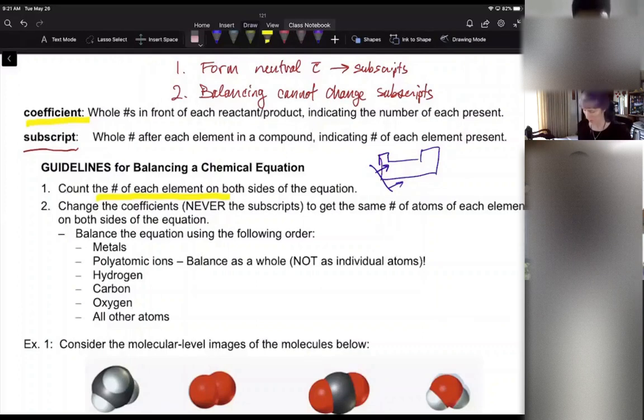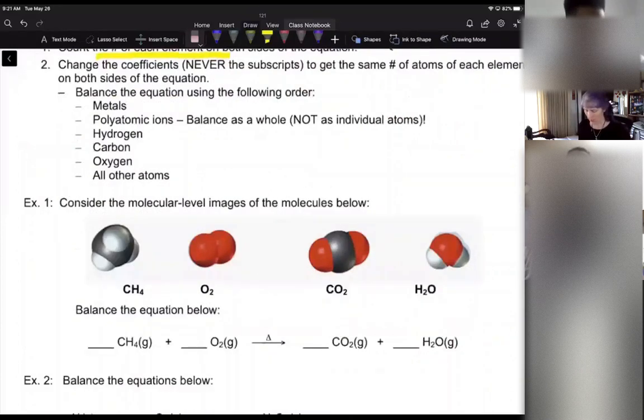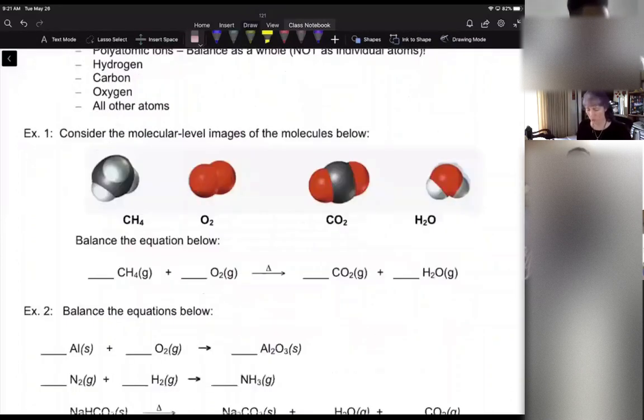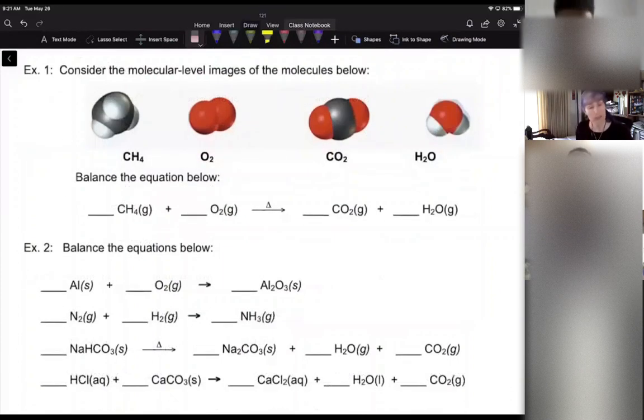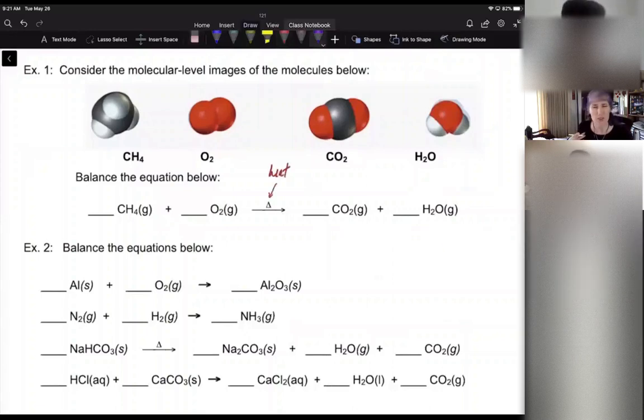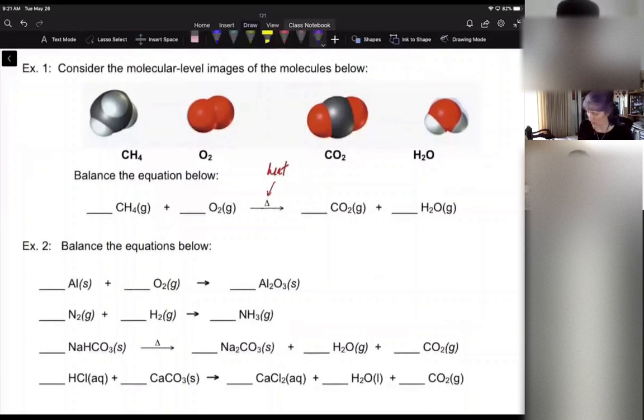Here's our example. We have a methane, CH4, and we have an oxygen, and those are going to form CO2 and water. This little arrow means heat. Because I know this is a combustion, I know that I can start with the carbon. Then I'm going to do the hydrogen, and last I'm going to do the oxygen, because oxygen is by itself.